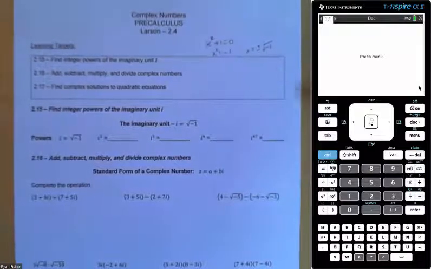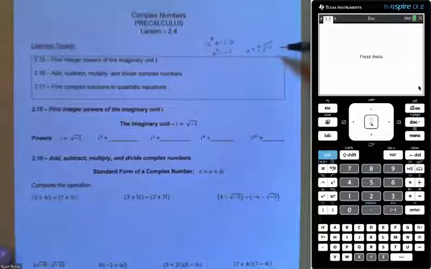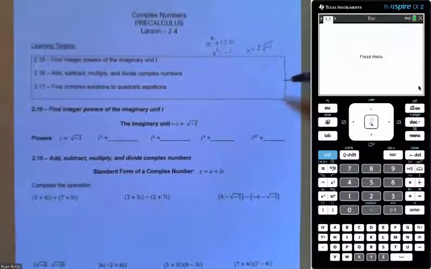Electrical engineers solve equations with imaginary numbers all the time. That's how people have understood how electricity works and so on and so forth. So these aren't imaginary in the sense that they don't exist. They're imaginary in that they're not a part of the standard set of numbers called the real numbers.